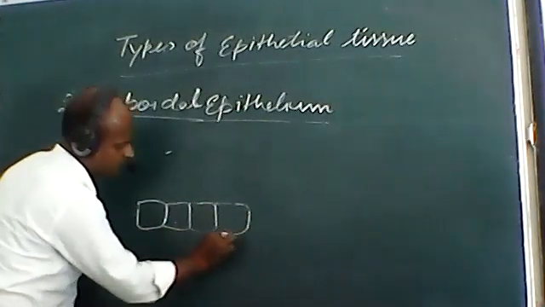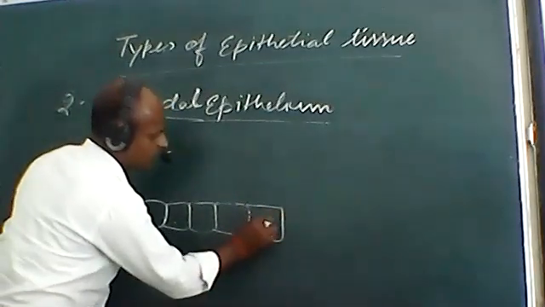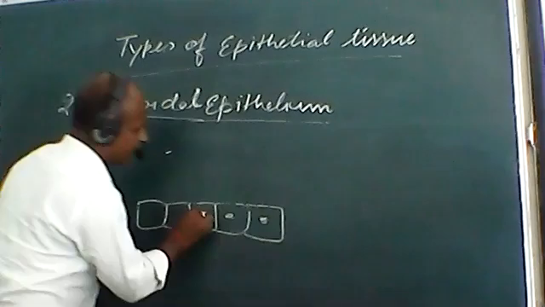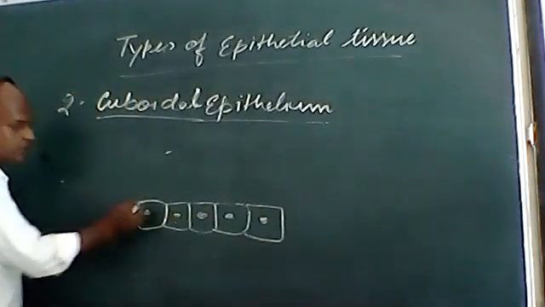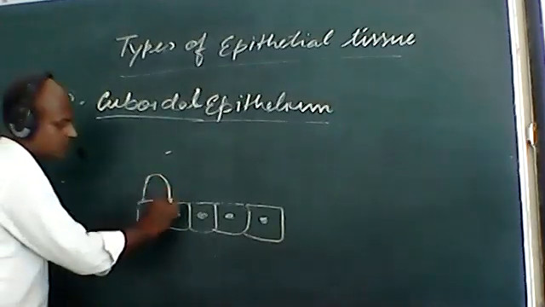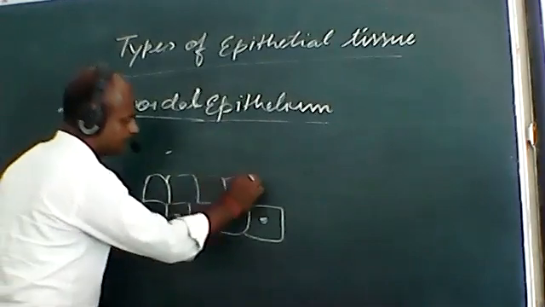Such a type of structure is seen where the nucleus is located in the center position. Nucleus is located in the central position. In all conditions, there is a cube-like structure.